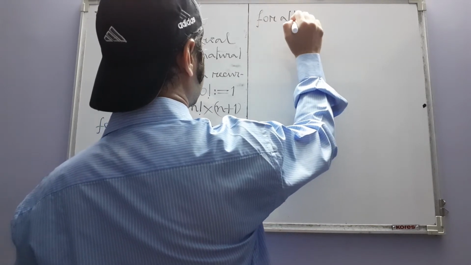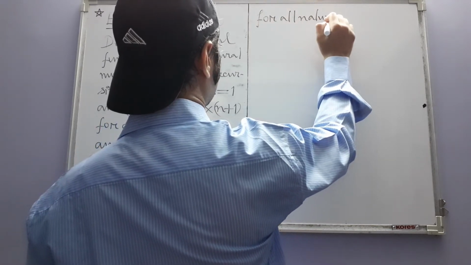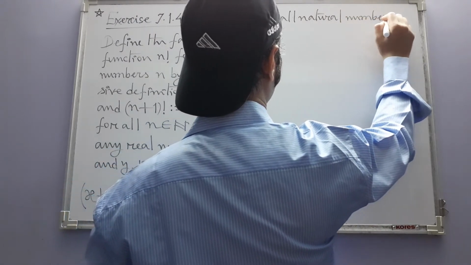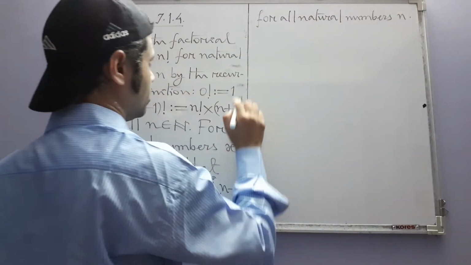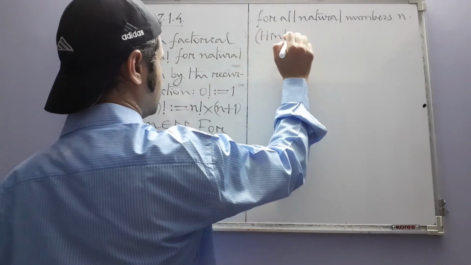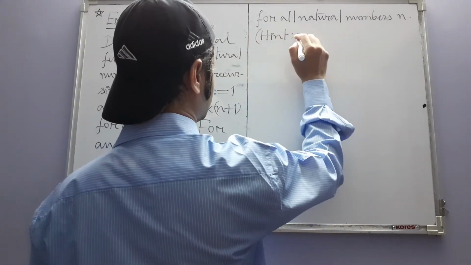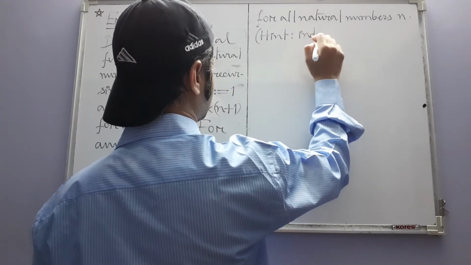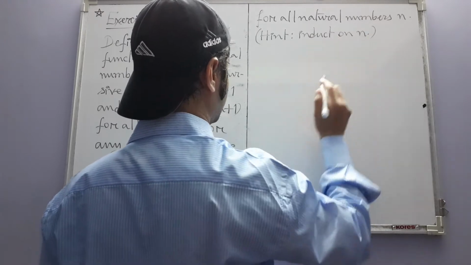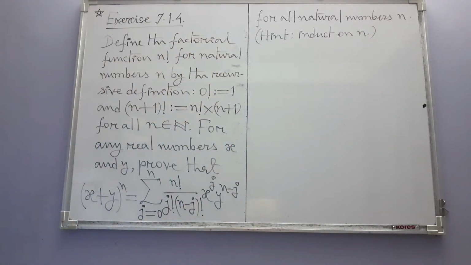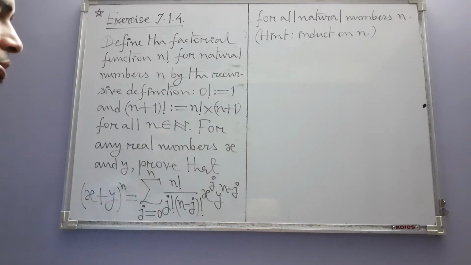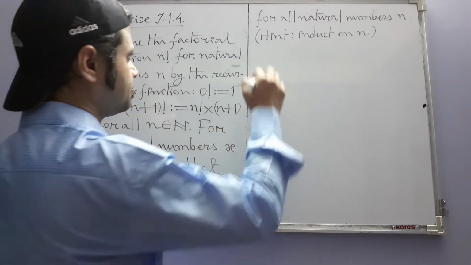For all natural numbers n, and there is a hint also, which is, you already know, induct on n, the most generic hint that one can give in this situation. Okay, so let's just see the solution.